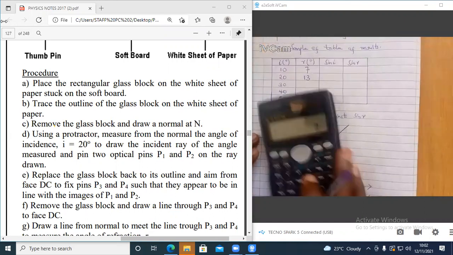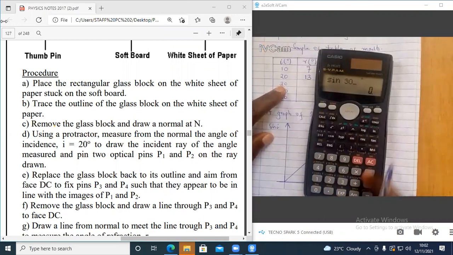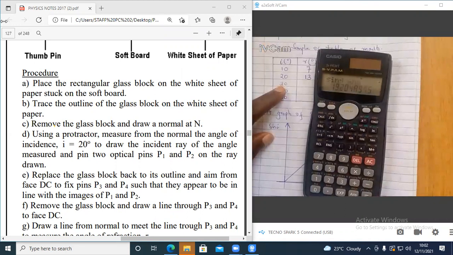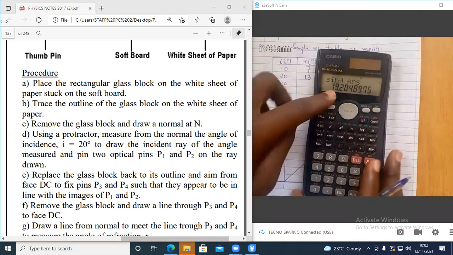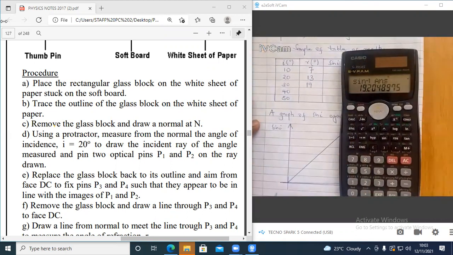What about if it's 30? We shall have sine of 30 divided by 1.52. Shift sine. We are supposed to get 19. So here is supposed to be 19.